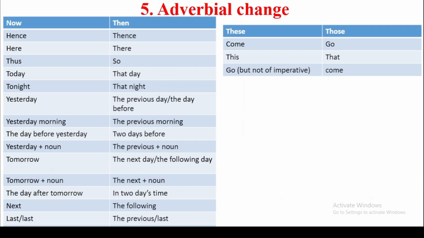Now let's discuss the last finger rule, that is the change of adverbial. So adverbials are changed according to this table. Here is changed into there, today into that day, tonight into that night, yesterday into the previous day or the day before, yesterday morning into the previous morning, and the day before yesterday into two days before.